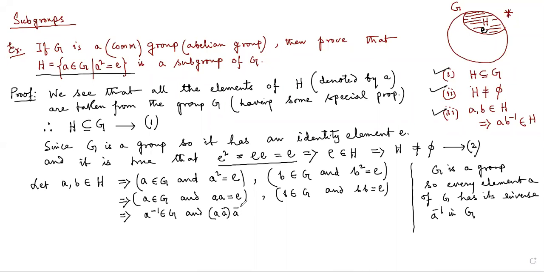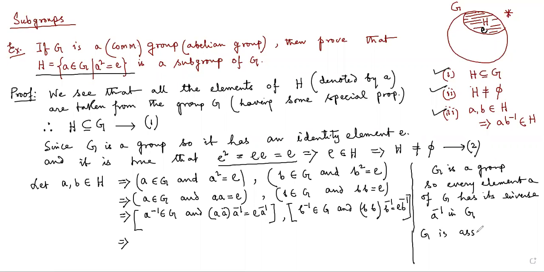So we can multiply this in this manner, and we can multiply that part in this manner. So we are writing it in this way. Okay, and since capital G is associative with respect to the operation, we can rearrange the terms in the following manner.